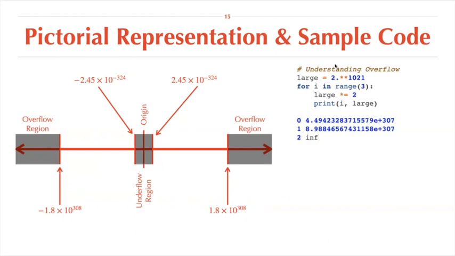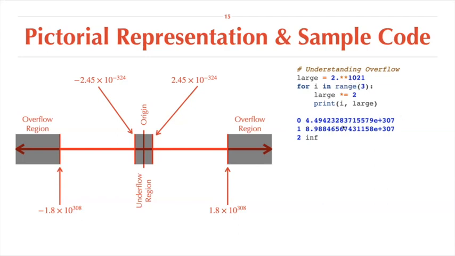I've already considered a very large number, let's say this one, and the dot means that I'm taking it as a float. It's not an integer, it's a float. What I'm doing here is multiplying this quantity again and again by 2. When I first evaluate this, I'm multiplying this quantity by 2, so I get this.